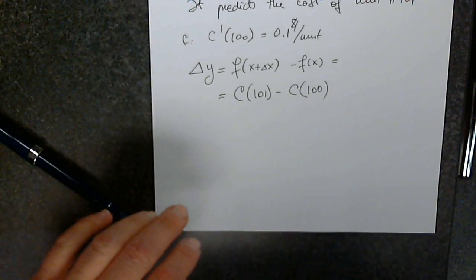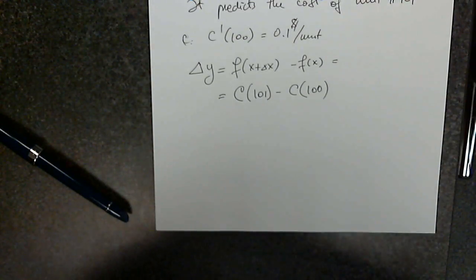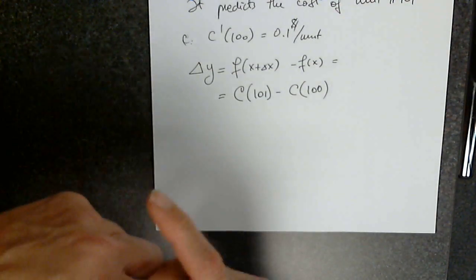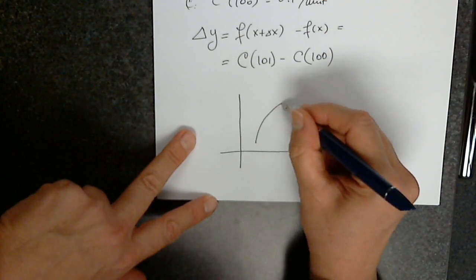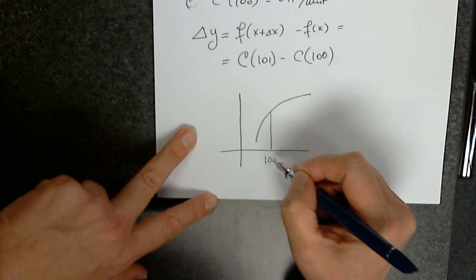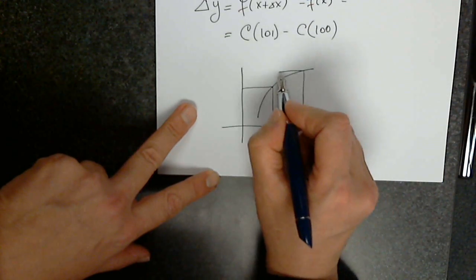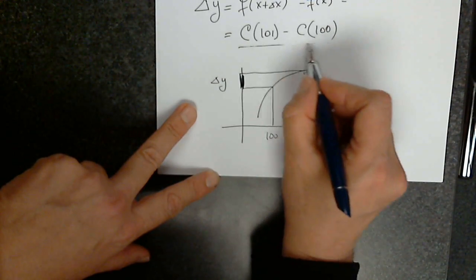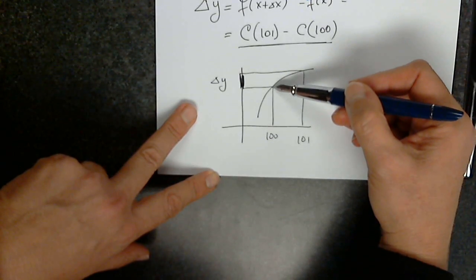I can draw the picture. Last time we talked about this. If this is 100 and this is 101, this difference is delta y, which is C of 101 minus C of 100.